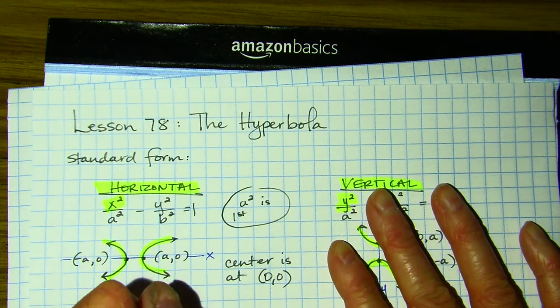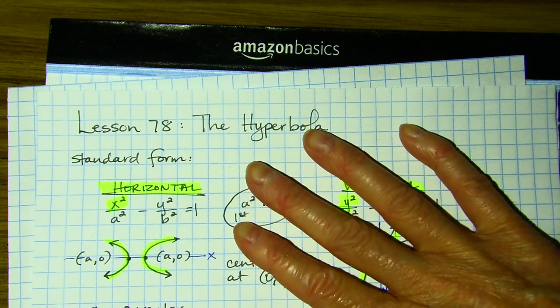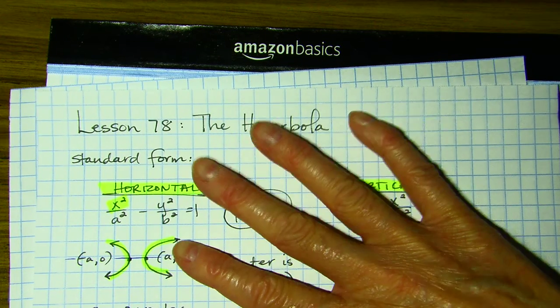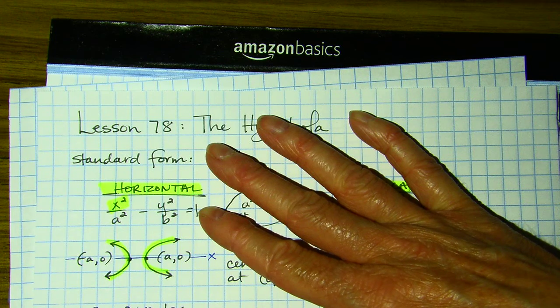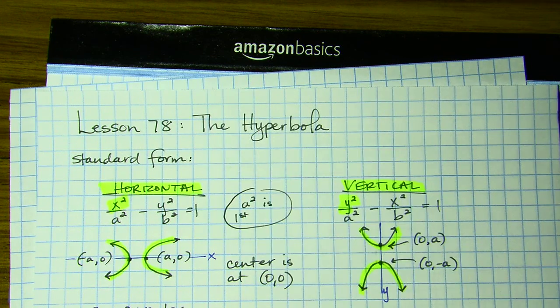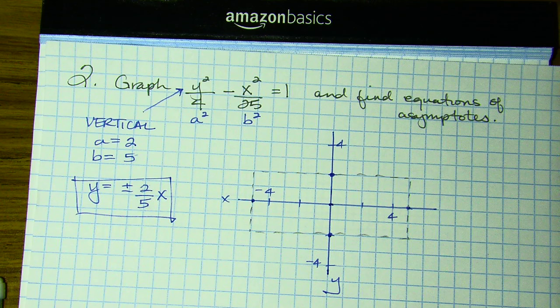So I'm not going to write a formula here, but you should have plus or minus your slope x. Sorry, I wrote a formula there. All right, so in this case, my asymptotes are plus or minus 2 over 5 x. And then here we go.